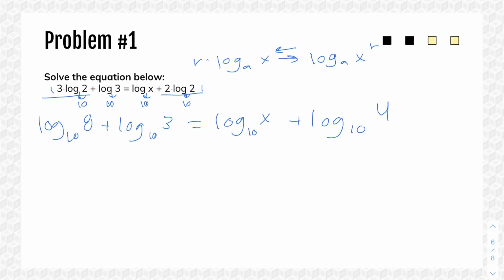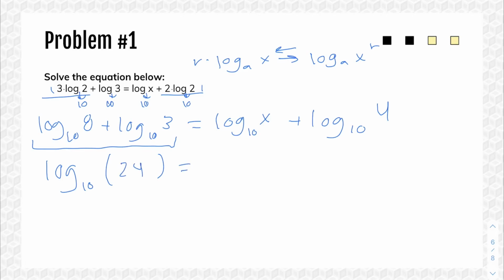Now that we had that covered, we could further simplify by using the product rule. The product rule will allow us to have any two logarithms that are being added to each other and convert them to one logarithm with two arguments being multiplied to one another. Log base 10 of 8 plus log base 10 of 3 will become log base 10 of 8 times 3, which is simply 24.